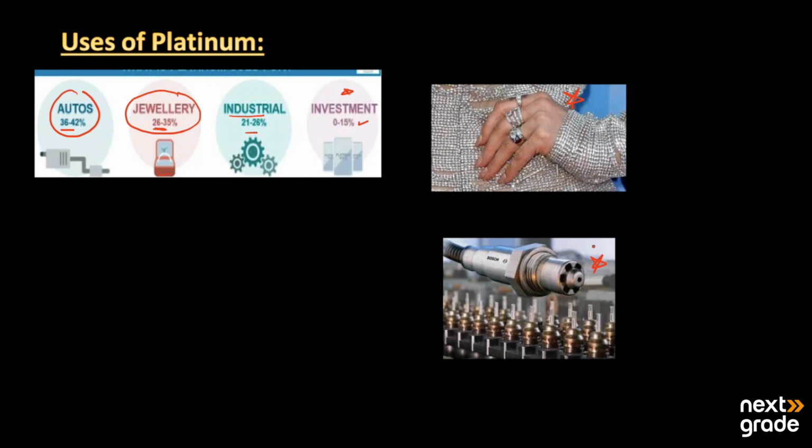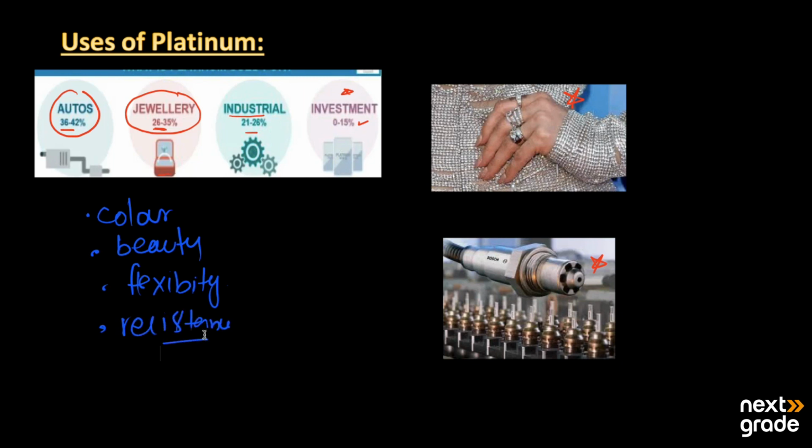Likewise, platinum also has some unique properties: its color, its shiny surface, its beauty, its flexibility, along with its resistance to tarnish. That's why it provides a secure setting for diamonds as well.